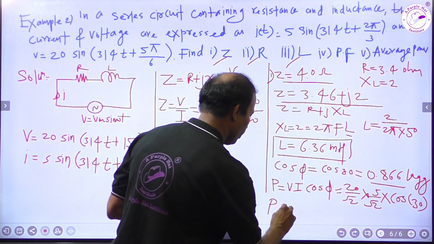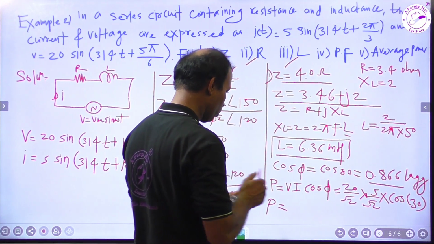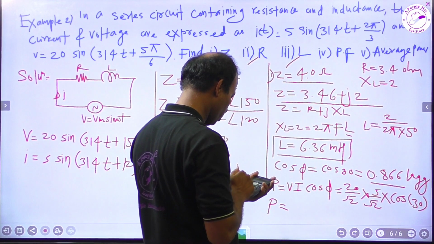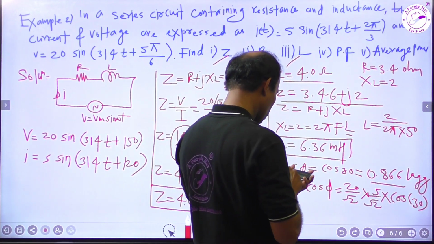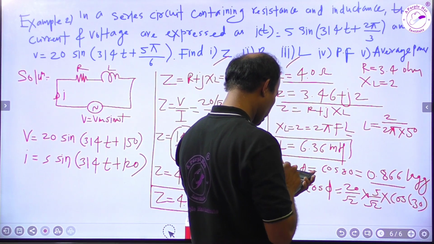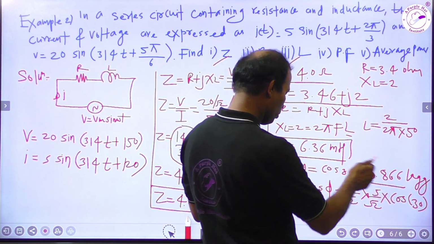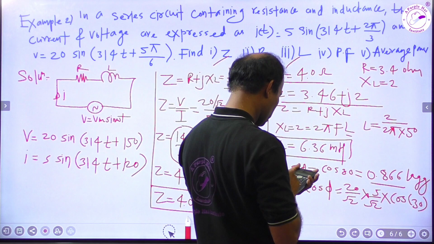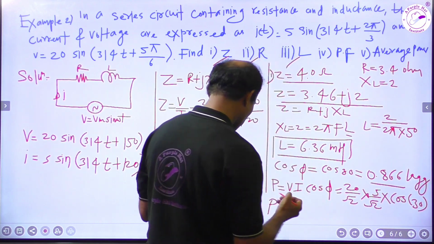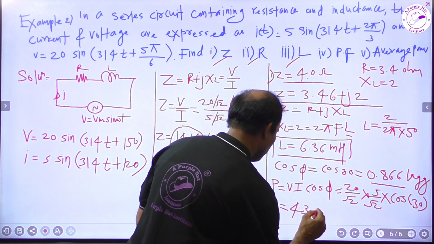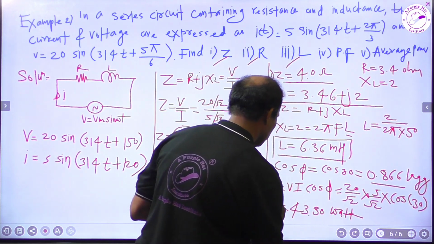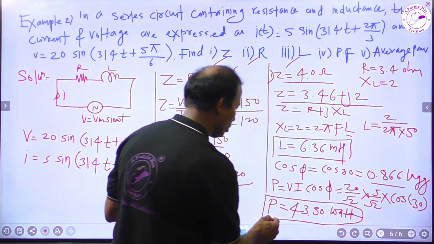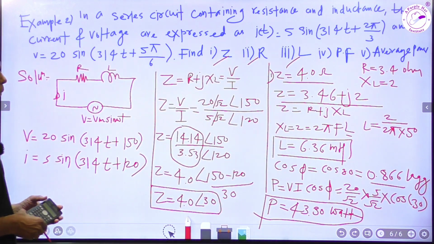Yes, P I will get by the solution. So I will solve it. 20 divided by root 2 into 5 divided by again root 2 into cos of 30. This power comes 43.30 watt. This is the required expression, solution for the problem.